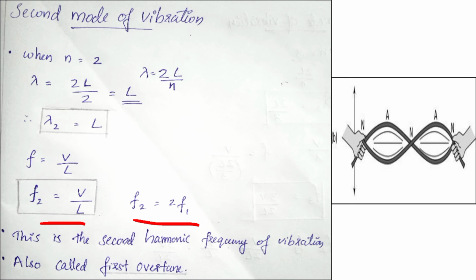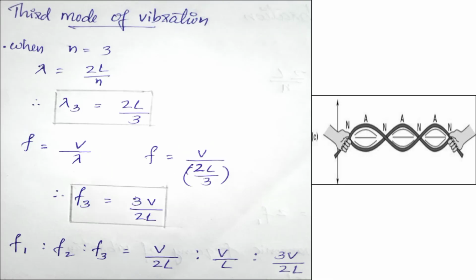The second possible frequency is twice the fundamental frequency, and this frequency is called the second harmonic frequency or the first overtone. Then we will consider one more case in which the same string vibrates in 3 loops. When n is equal to 3, suppose the wavelength is lambda 3, then the wavelength is 2L by 3.